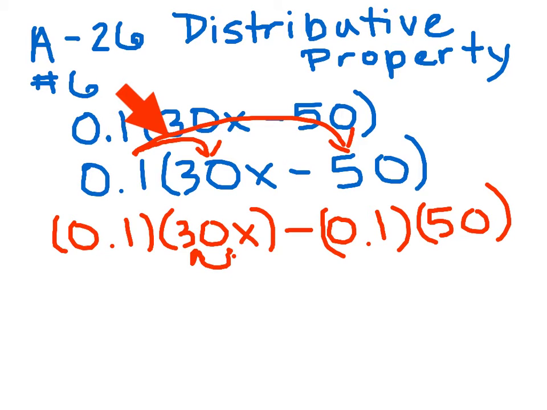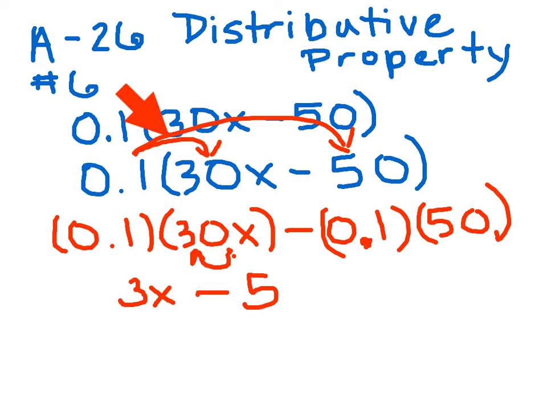So that's going to move my decimal over one place, and 30 times 1 is 30, and I end up with 3x. Same thing happens over here, right? It's as if there's a decimal here. Since there's one place behind the decimal, I move it over and get minus 5.